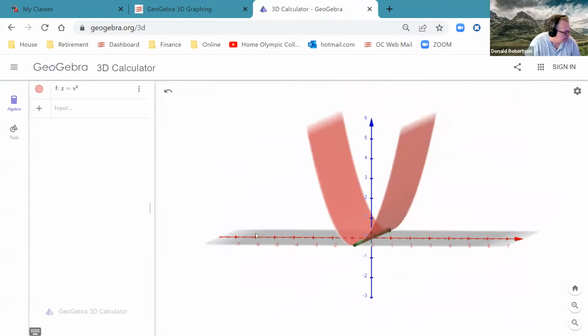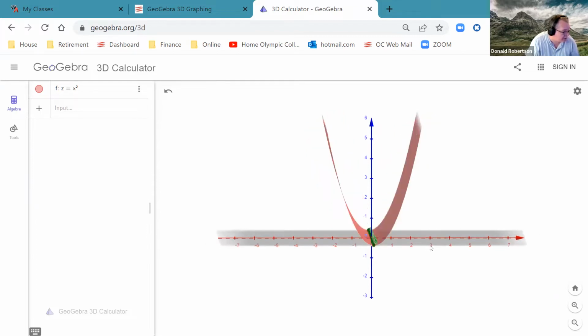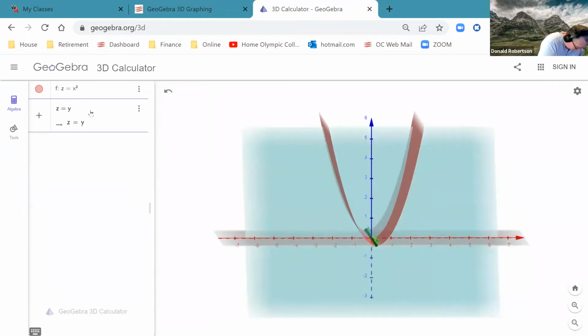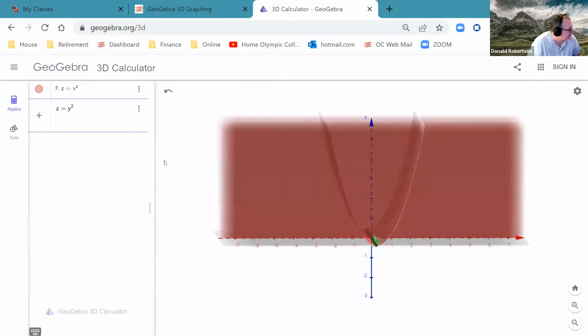The key to realizing this one is to notice that the red one is the x-axis. So if you turn it, can you see vertical is the z and horizontal is the x? Can you see the z equals x squared kind of cross section? Now I'm going to put next to it the alternate, which is that guy. I hope it has a different color.